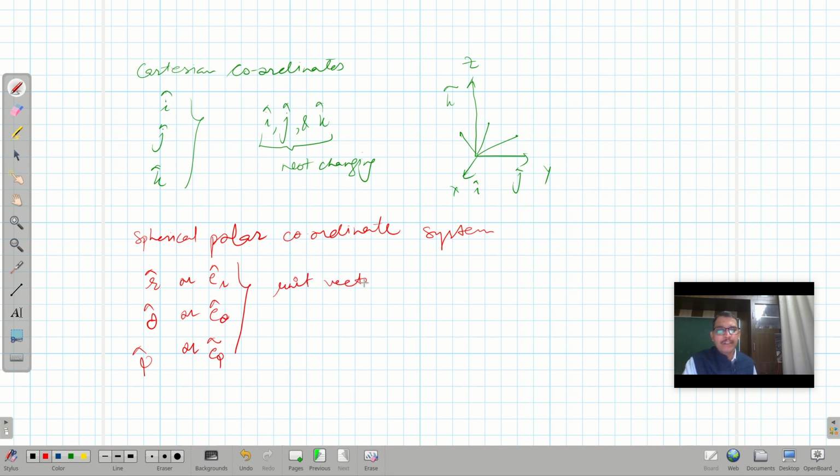This is the unit vector representation in the spherical polar coordinate system.